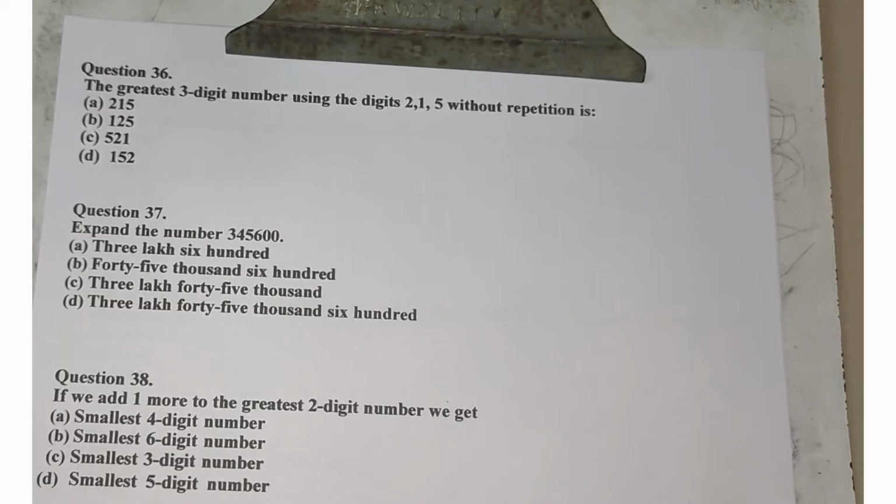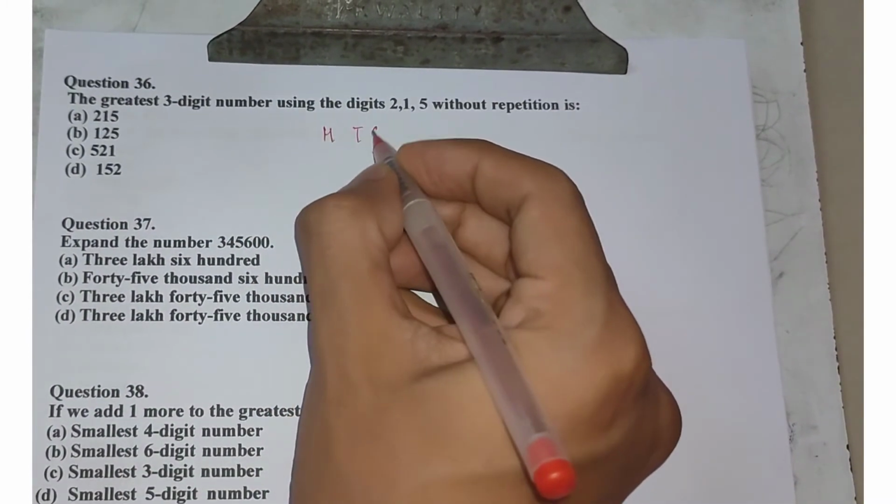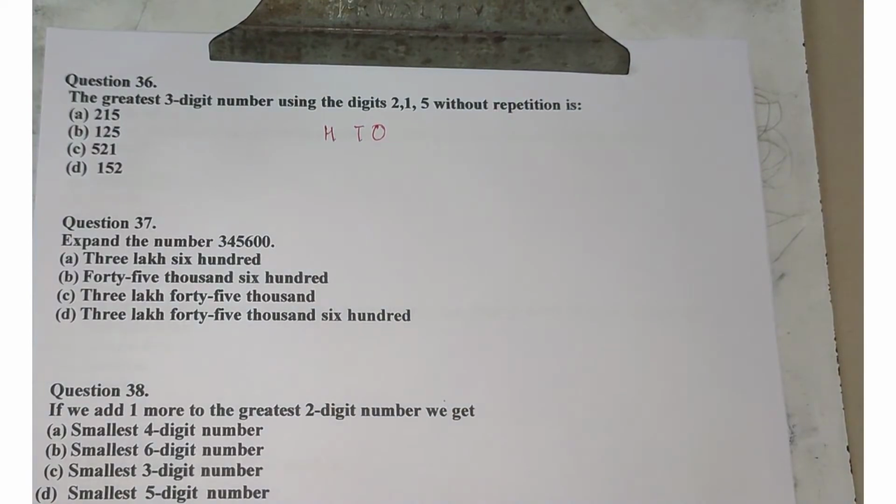Now moving with the next question, question number 36. The greatest 3-digit number using digits 2, 1 and 5 without any repetition. Now the greatest is there and only a 3-digit number is there. So 100, tens and ones, and the numbers are 2, 1 and 5. Always remember, as we have done in the previous video also, that whenever we want the greatest number, we will put the smallest digit into the ones place.